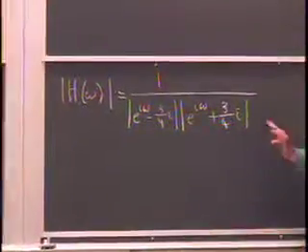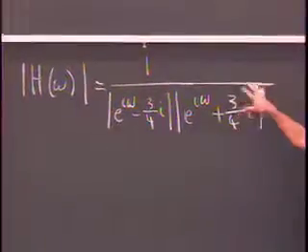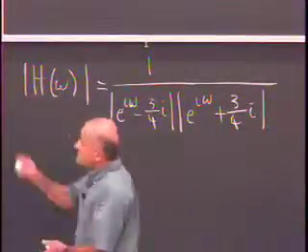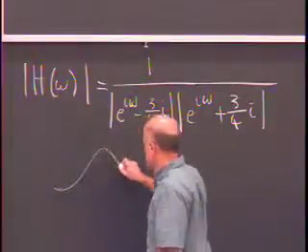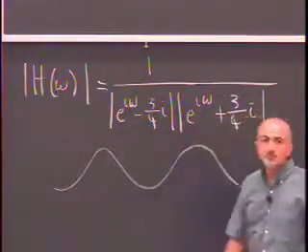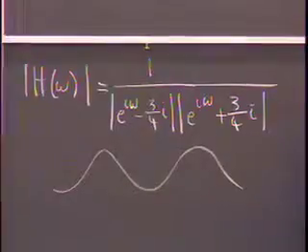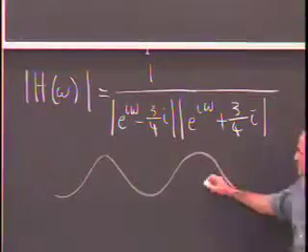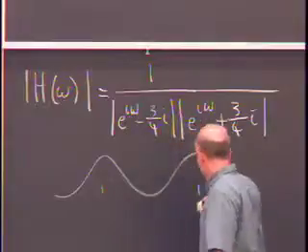Now, it's not always easy to see from the diagram what this is going to look like. But this thing is going to have 2 humps, roughly. The closer I make alpha go to the unit circle, the closer these peaks are to pi over 2 and minus pi over 2.